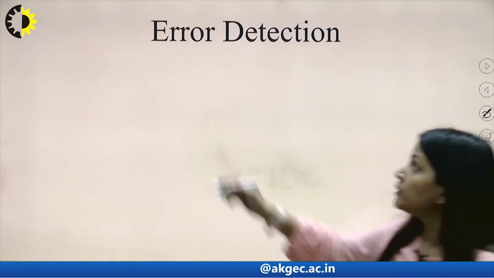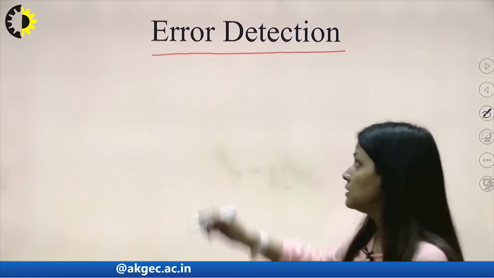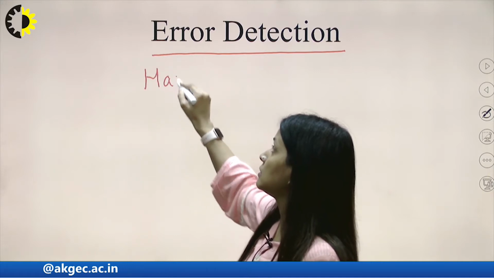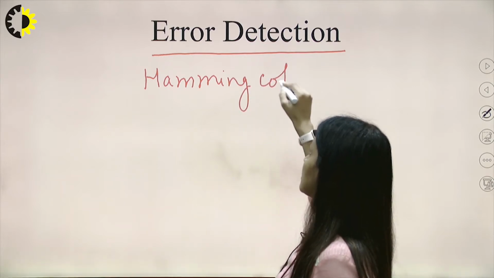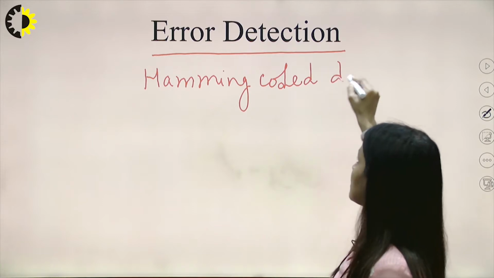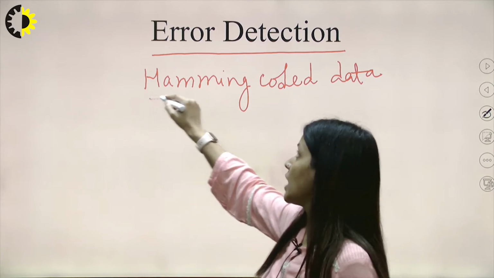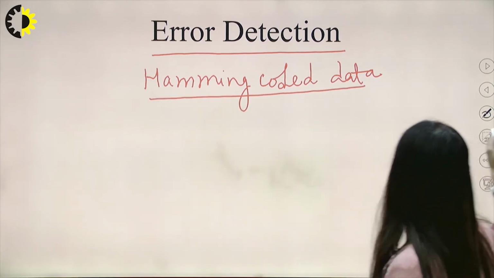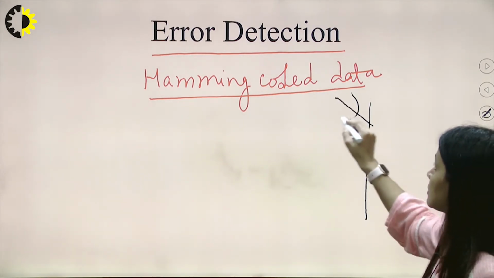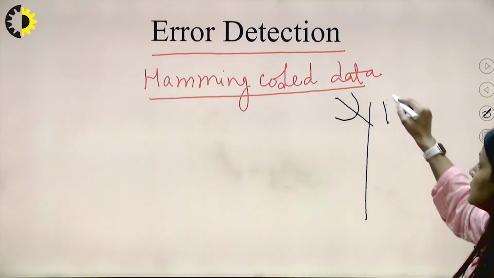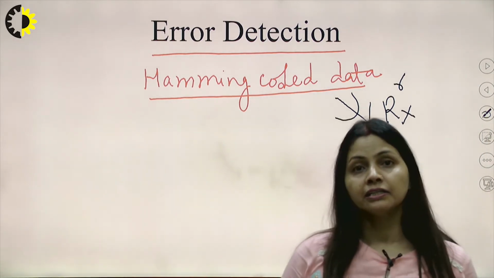Right. Now coming to the error detection. Once the data is sent, the Hamming coded data, the transmitter has sent this Hamming coded data. Now this data is received by the receiver.